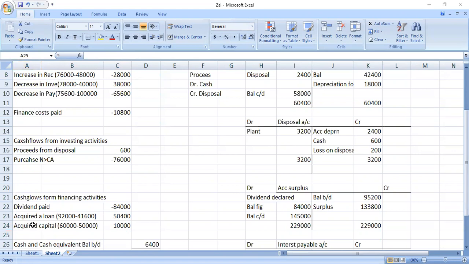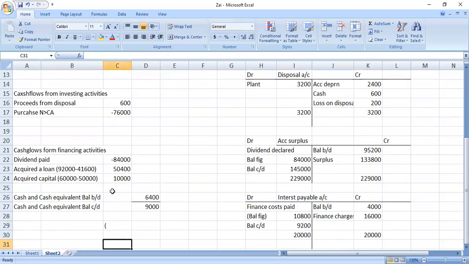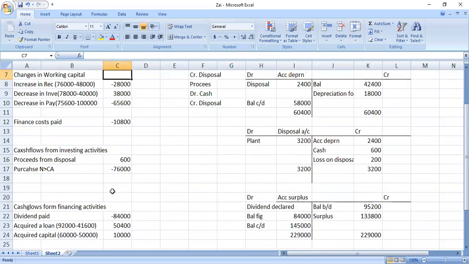Then accumulated surplus, we already looked at it. Do as you account, determine the dividend. And then you're done. Total equity and liabilities, that's just a total, so we don't need to use it. So after dealing with all the information, then you just come and add and subtract accordingly.